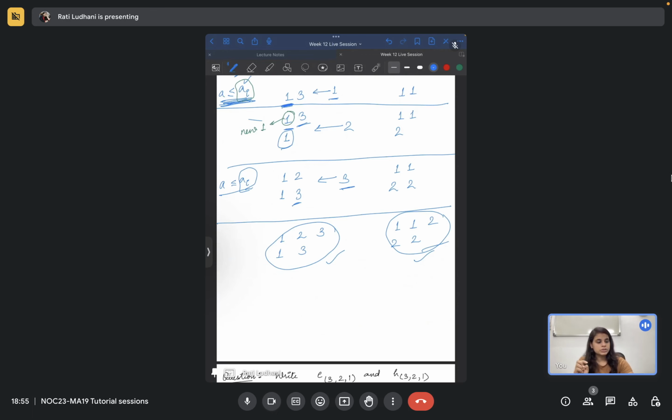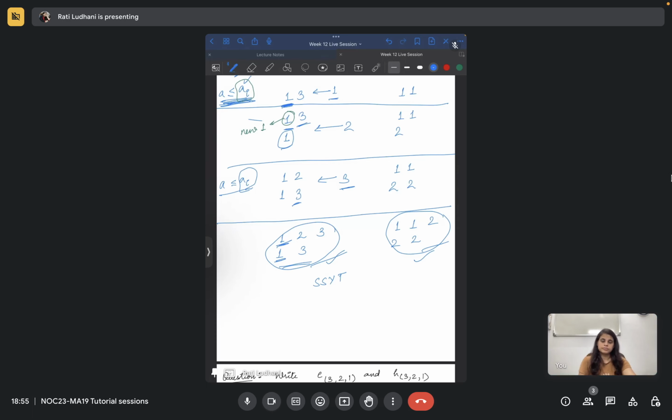But if you observe, this is not a semi-standard Young tableau, because it says that over the rows it should be weakly increasing, and over the columns it should be strictly increasing. And you can see 1 and 1 are the same over the column, it is equal, so that means it cannot be.